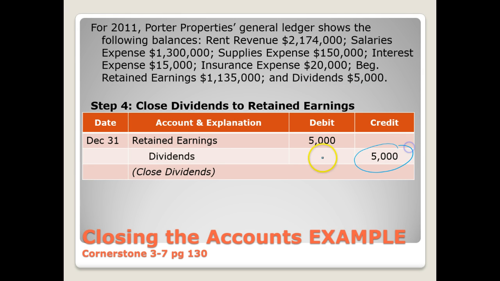Got a $5,000 credit amount to the dividends account. That closes that out. I have to close it out to the retained earnings account, so I put a debit to retained earnings of $5,000. This is all as of the end of the year. Remember, a debit to retained earnings will decrease retained earnings, and that's how I close the dividends account. That would be the entire closing process for Porter Properties.